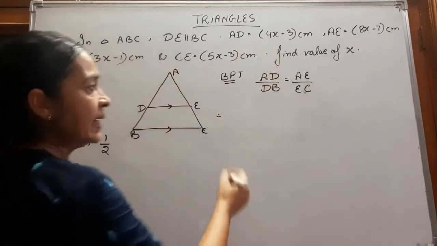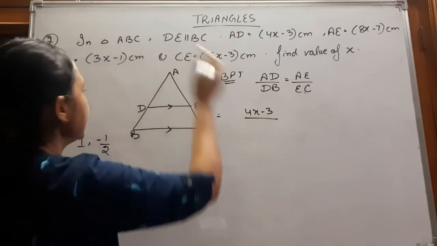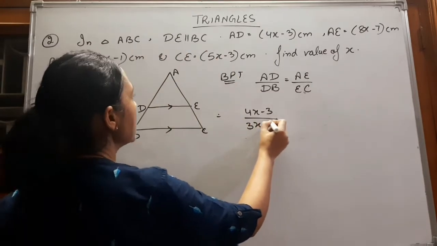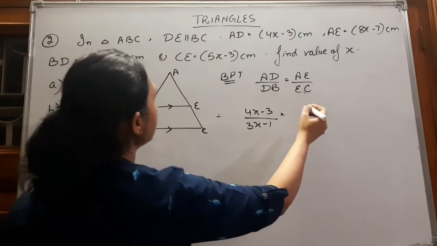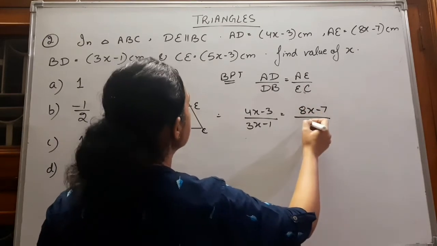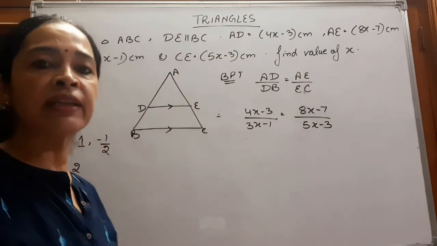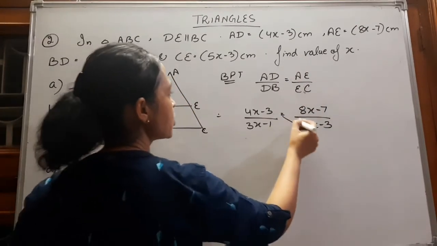Now, AD is 4x minus 3, upon BD which is 3x minus 1, equals AE which is 8x minus 7, by CE which is 5x minus 3. We have to find the value of x. Let's cross multiply.